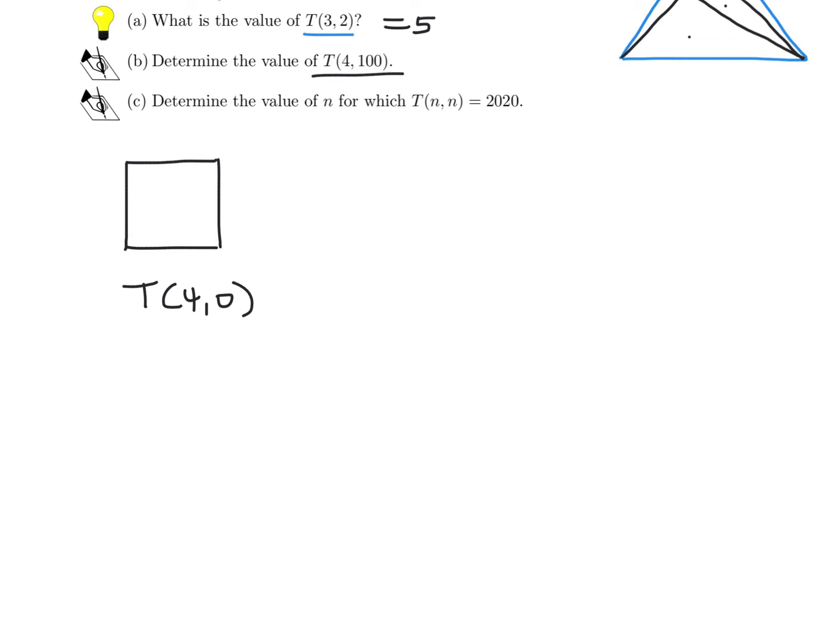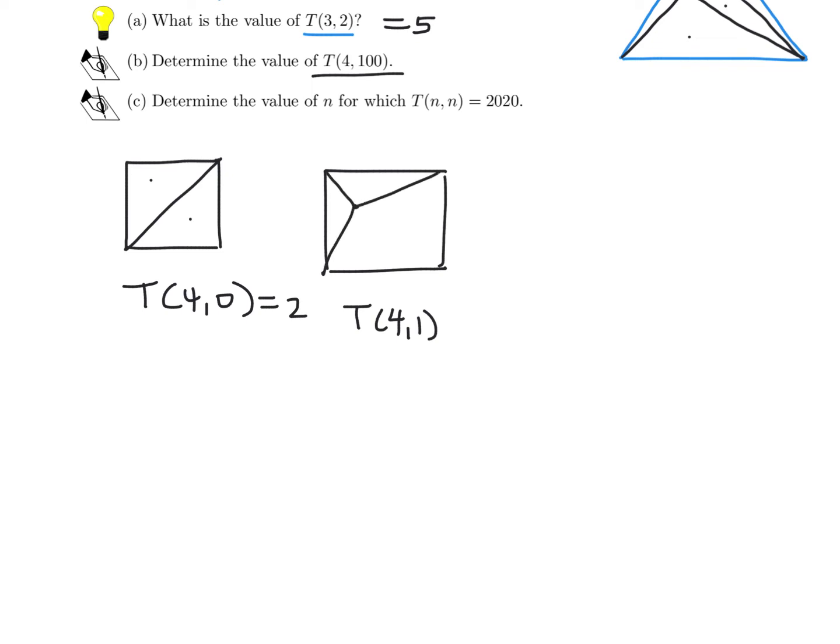Okay, T40, to me, looks like that's all I can do there. So that looks like two triangles, one there, one there. Okay, let's keep going here. Let's try T41. So this time we have one interior point, and I get 4 triangles.